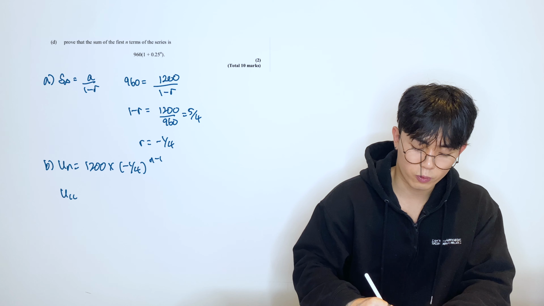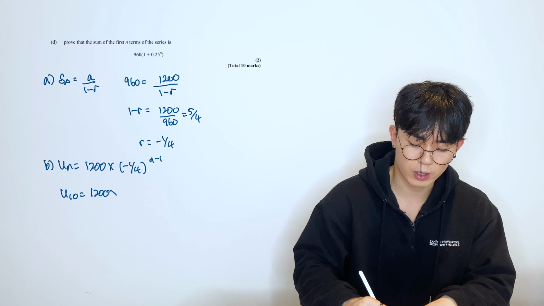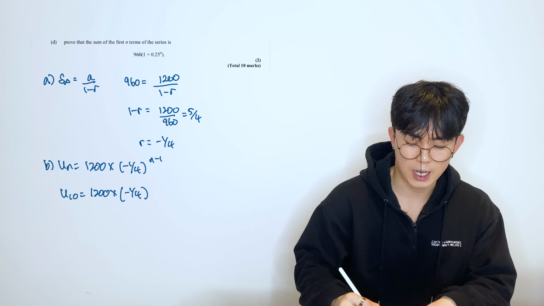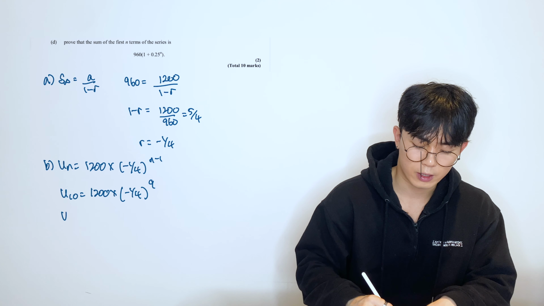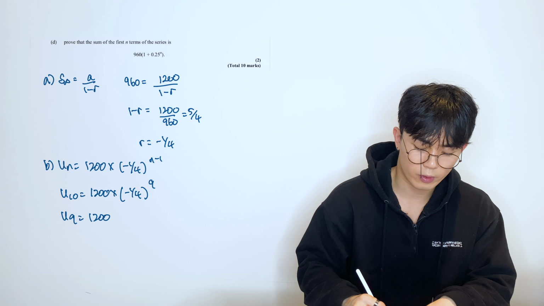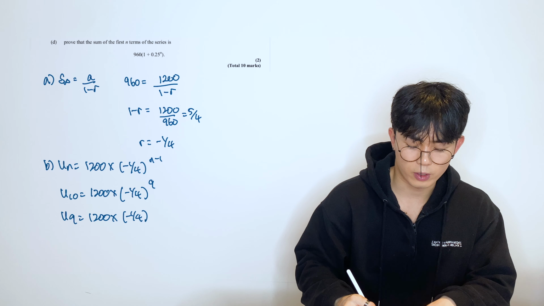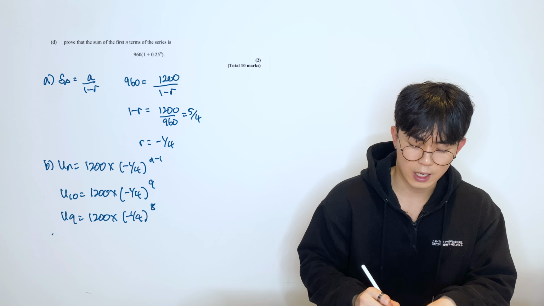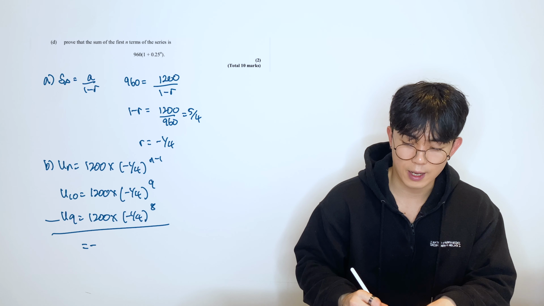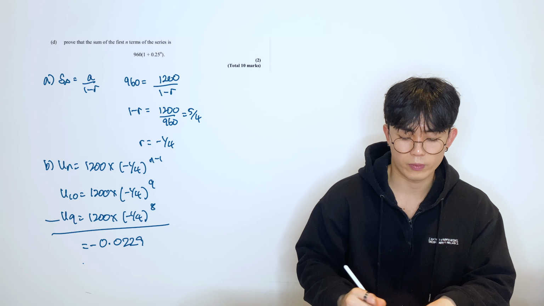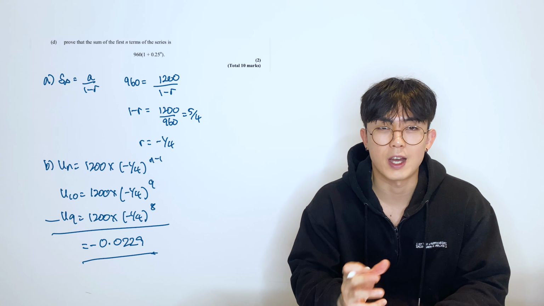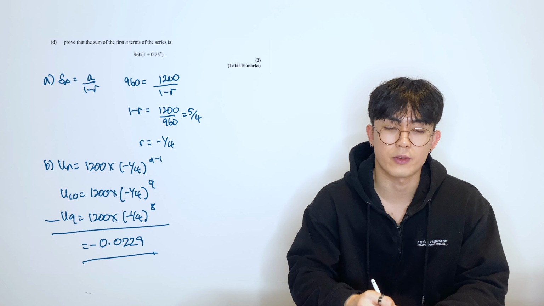The 10th term would be 1200 times minus 1 over 4 to the power of 10 minus 1, which is 9. The 9th term would be 1200 times minus 1 over 4 to the power of 9 minus 1, which is 8. If I find the difference, I'll get negative 0.229. It's just a matter of finding the general nth term equation and then finding the difference between the two terms.